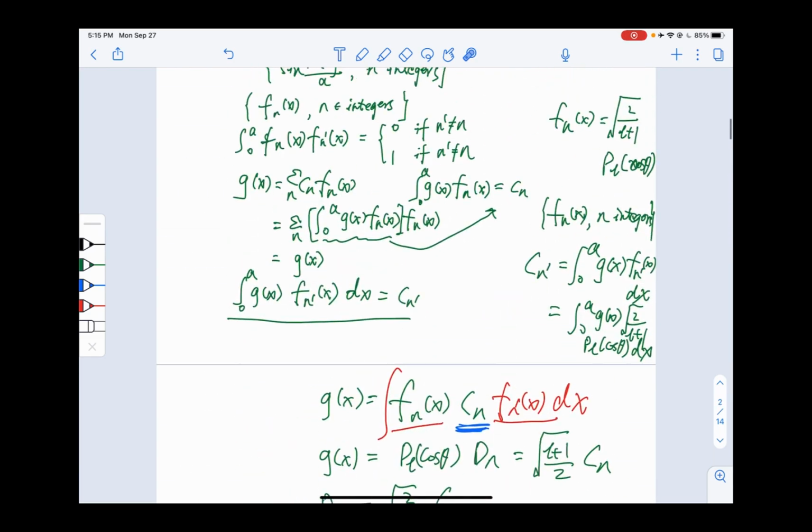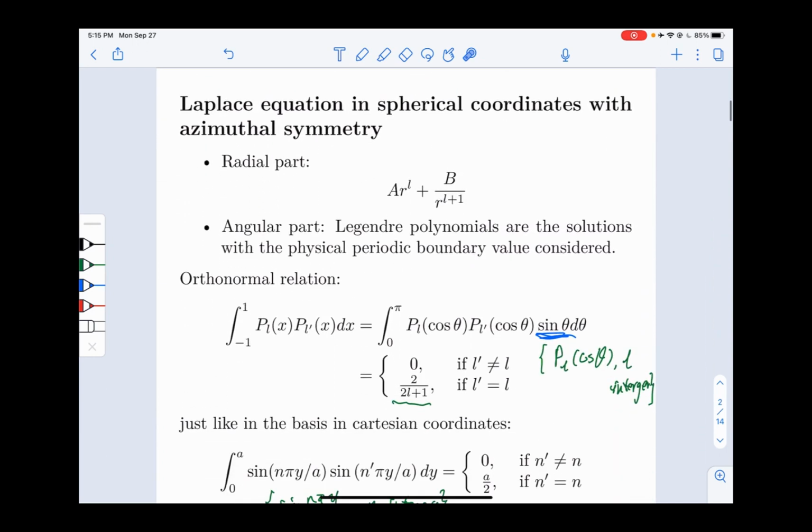If you check back this orthonormal relation, when we are doing this inner product along this angle theta, there is an additional line element, the sine theta. If you replace the cosine theta by x, then this orthonormal relation is a bit simpler. But if you do this problem in theta, then this is the element that you want to take care of when you are doing this integral.